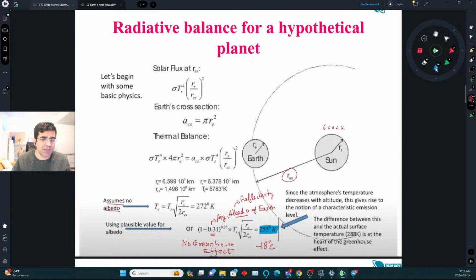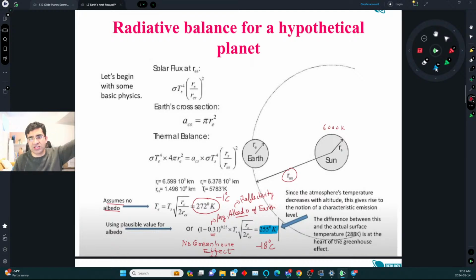Earth will still have some albedo even without an atmosphere, but it will be much lower. Without an atmosphere the temperature will be around 272 Kelvin, or minus 1 degree Celsius, assuming no albedo, which is close to the case because 70% of Earth is water, and water reflects very little.